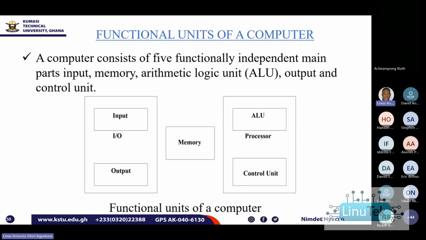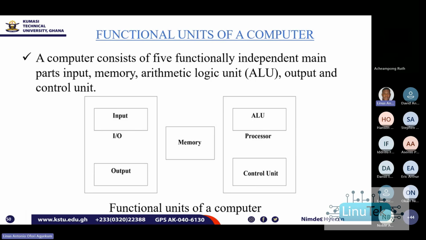Then we have the output, which is basically that part of the functional unit that allows an output to be displayed or an output to be given. In this case, we can talk about the monitor being an example, and speakers also being examples, okay?